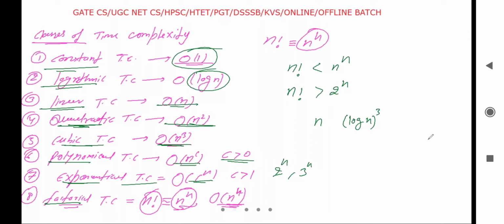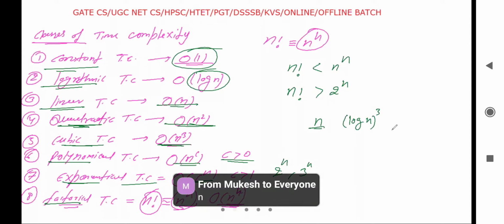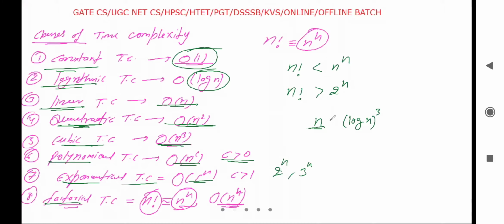In this case, which one is greater? Is log n power 3 greater, or is n greater? In this case n is greater. So how is n greater in this case?